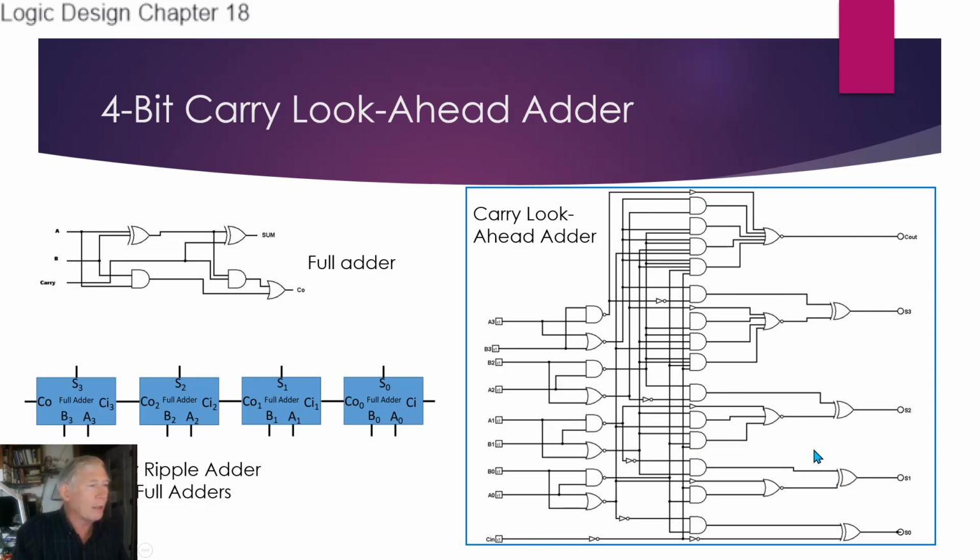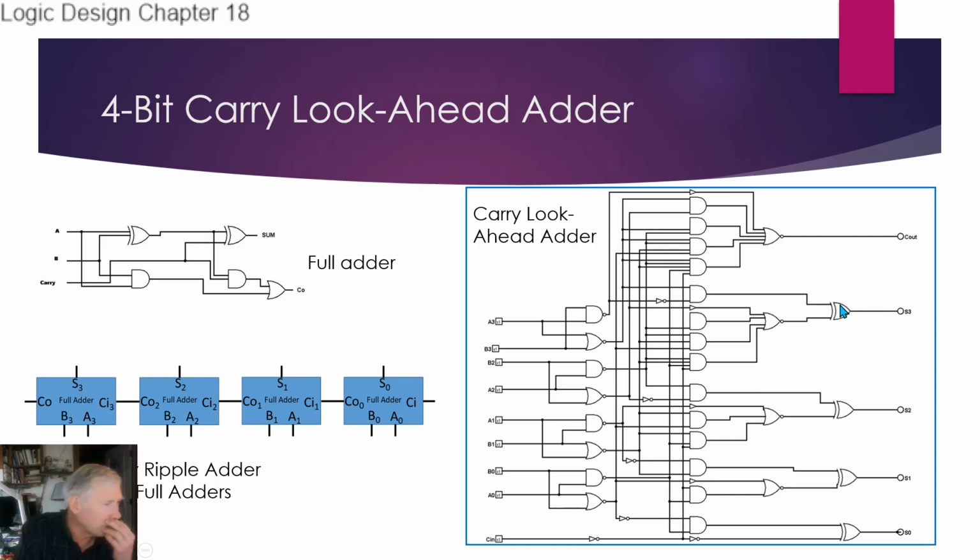Imagine what this looks like if you carried this out to 64 bits. The nice thing is that all these outputs are good within just a few layers. If you trace one of these through, you have an inverter here, and so you have 1 layer, 2 layers, maybe 3 layers worst case.